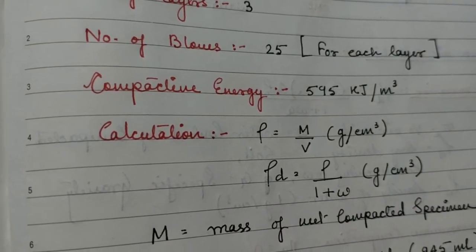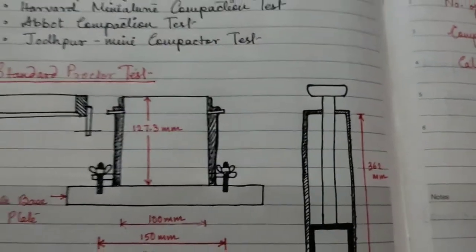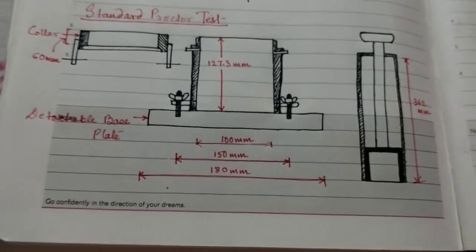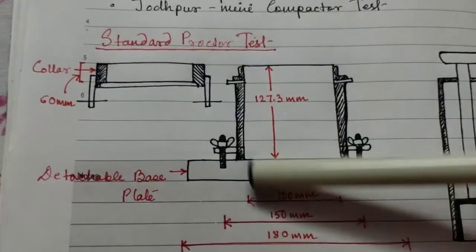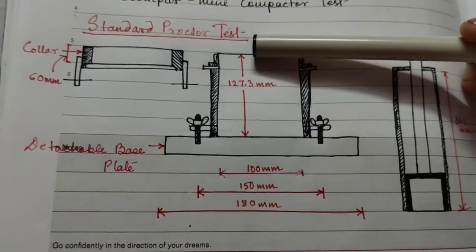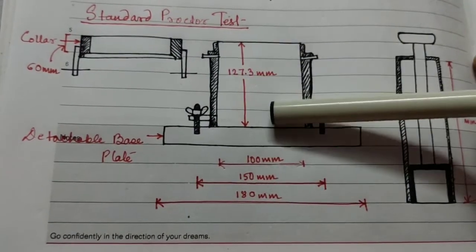So let us go through the test equipments. What I have described in the test equipment, that is the cylindrical metallic mold. So this is the cylindrical mold in which the soil is compacted in 3 layers.